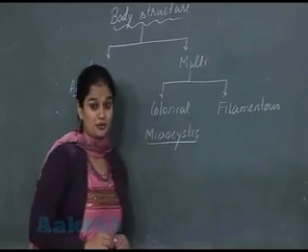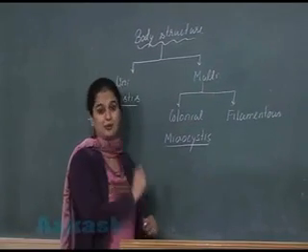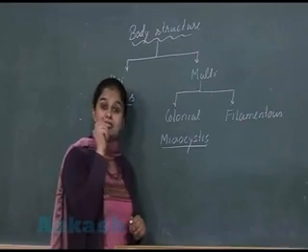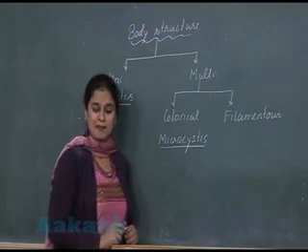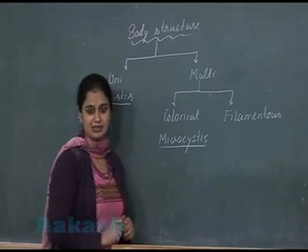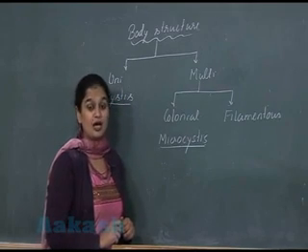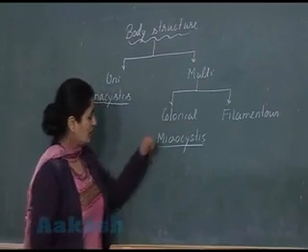So there should not be any confusion. Microcystis is a cyanobacterium, and you will also study one name, that is Macrocystis. Macrocystis is the largest brown alga, and brown alga is a eukaryotic alga. Are you getting this?